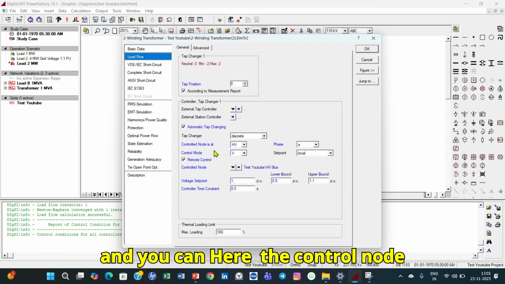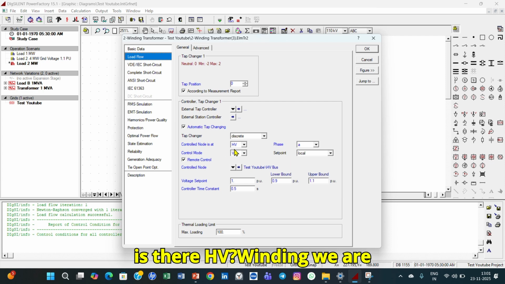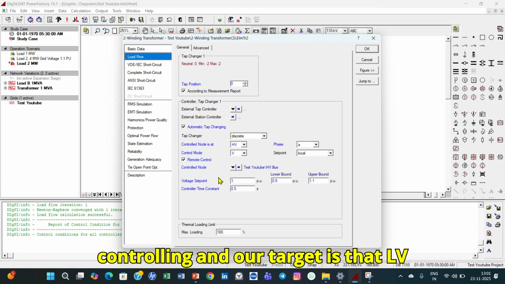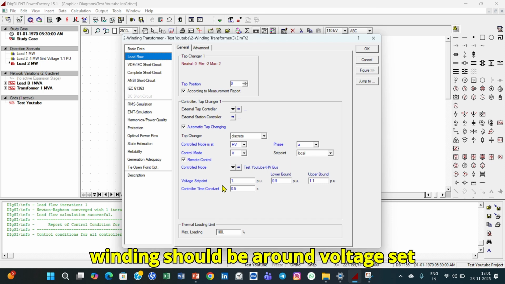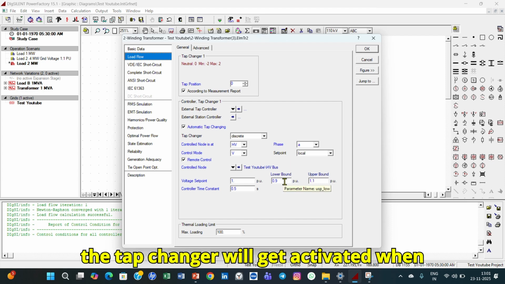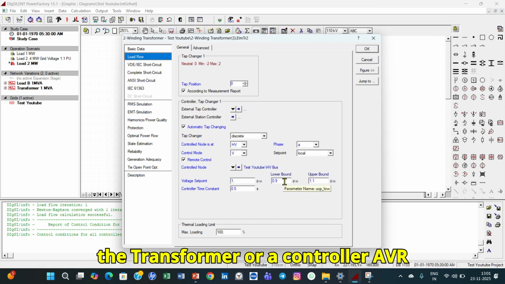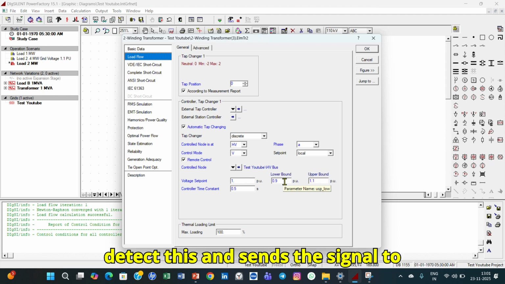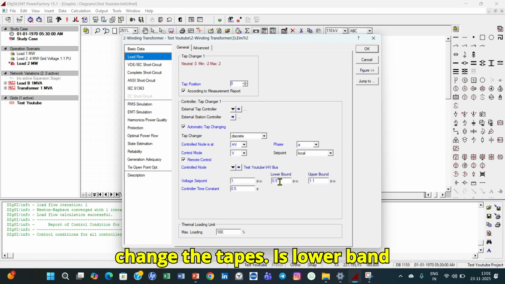Here the control node is the HV winding we are controlling, and our target is that the LV winding voltage should be 1 per unit. When will the tap changer get activated? When the controller, the AVR, detects this and sends us the signal to change the taps: the lower band is 0.9 and the upper band is 1.1.